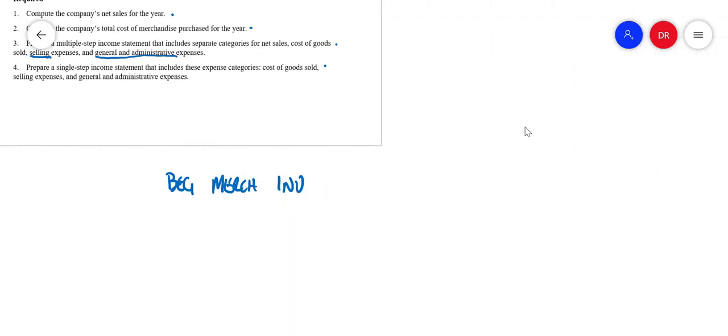We're going to add the purchases, total cost of merchandise purchased, total cost of purchases.